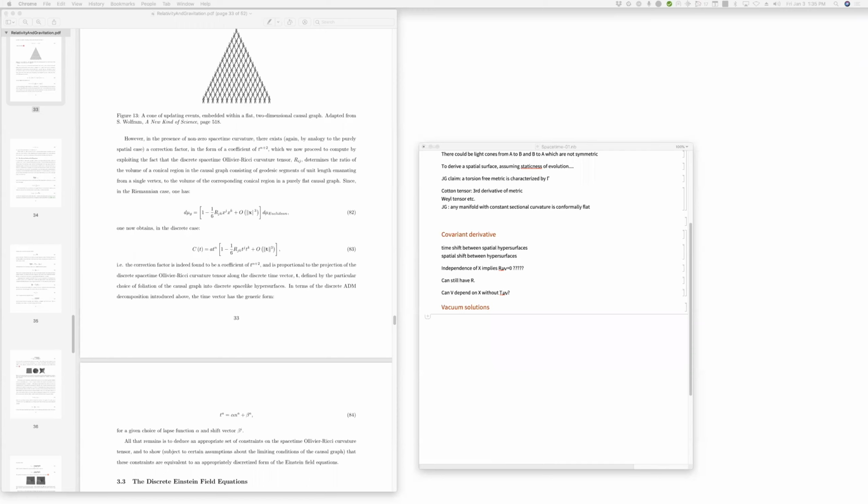How would you measure the dimension of space from cosmology? Interesting. I can ask some cosmology friend.